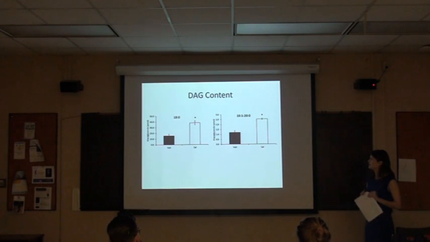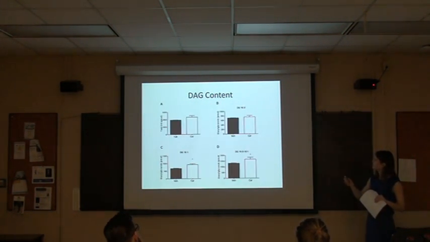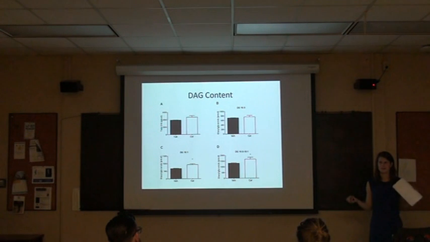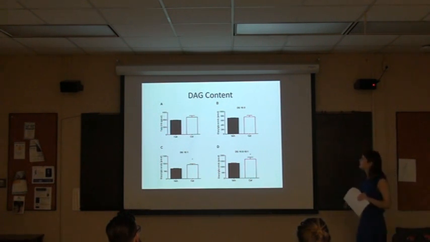For DAG content, 18:0, I forgot to say this, is stearate, whereas, if we go back one, 16:0 is palmitate. Palmitate is a really saturated fatty acid. I'm not sure if you have heard of it.